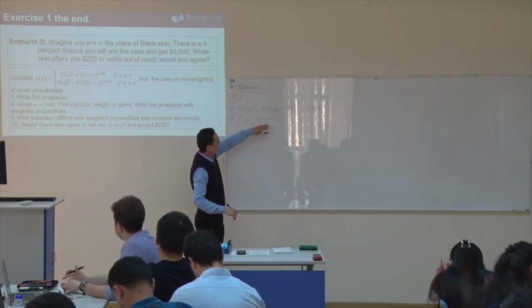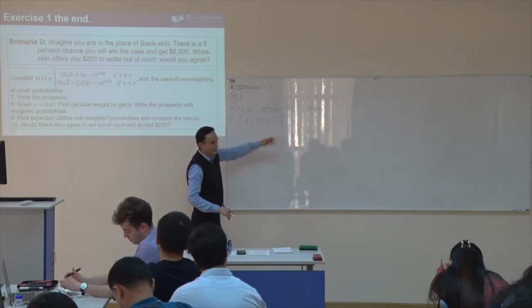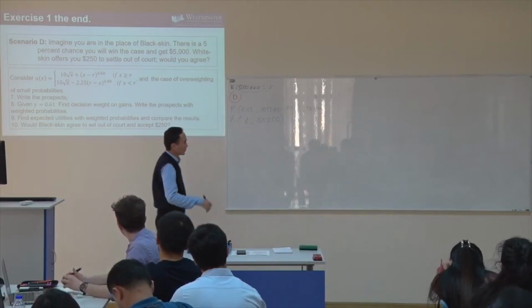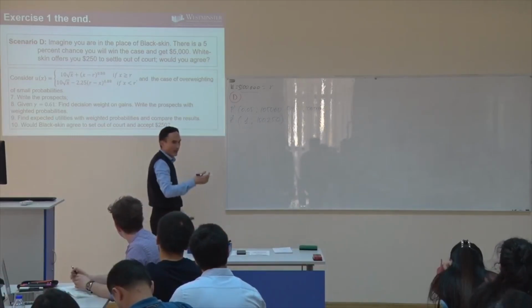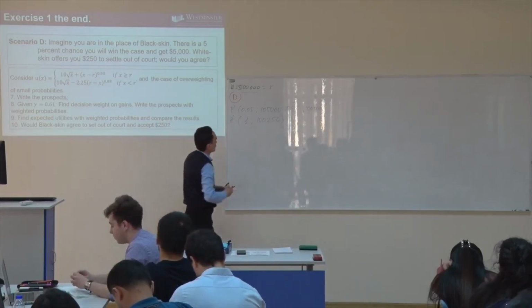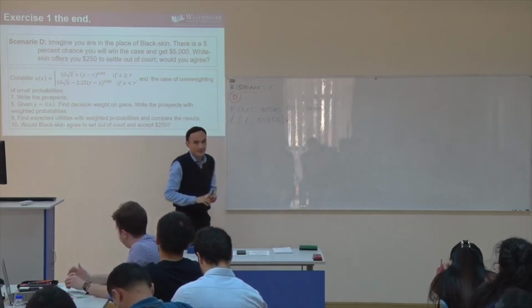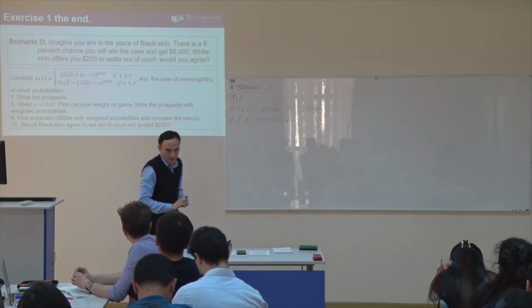So for sure 100% you will get this much. Please don't go to the court. So now that person is making an offer. So the question is, does she have to accept it or not?